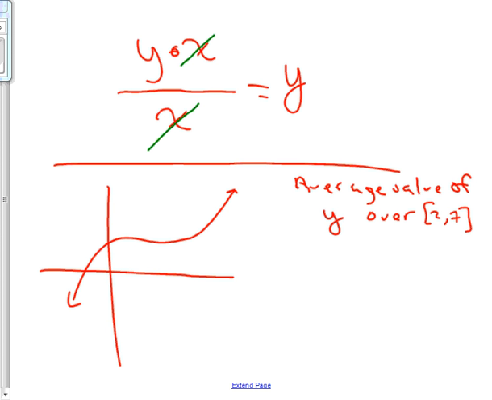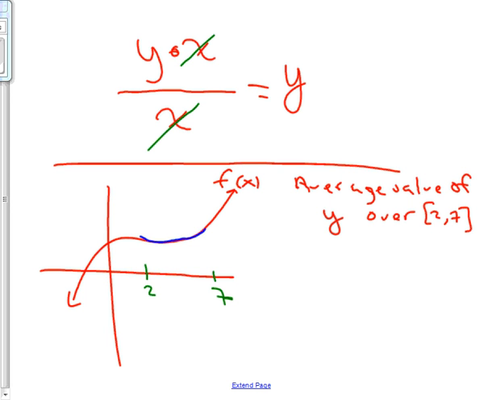That could be any interval, but let's just say 2 to 7. So here's my function f of x, and I'm looking at the average value of y over the interval from 2 to 7. Now, if you think about our function, our y value is changing. It's going down. Now our y value is going back up. So we want to know what is our average y value over that entire interval.